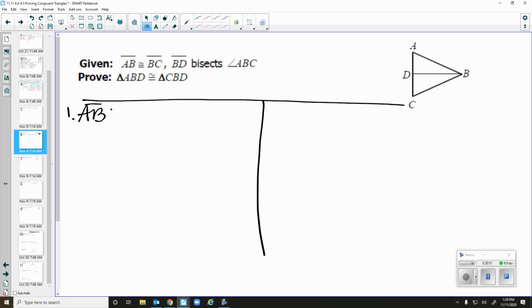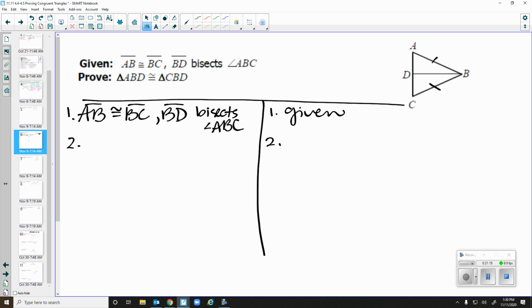Say AB is congruent to BC, and then BD bisects angle ABC. So labeling that on your picture, AB congruent to BC. So we're good there. Since BD bisects angle ABC, is angle ABD congruent to angle CBD?